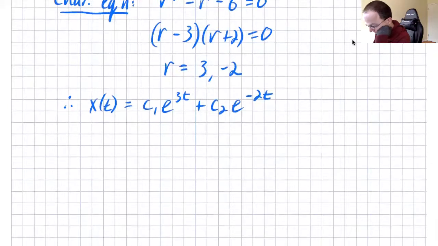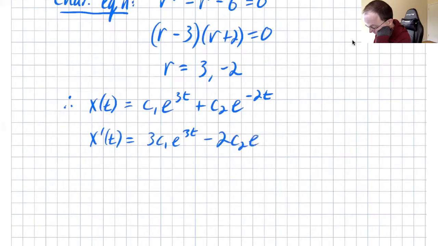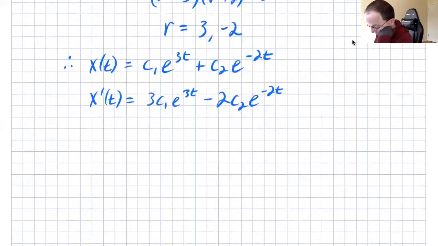Okay, and now we want to determine the C1 and the C2. So we take the derivative, and now we're going to substitute our conditions in. So x of 0 equals 0.